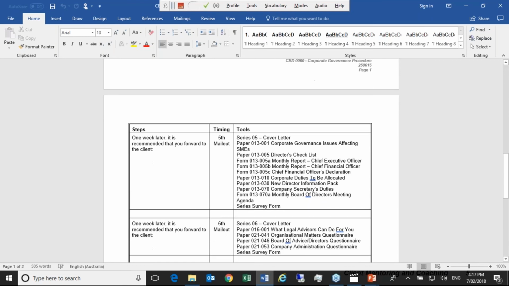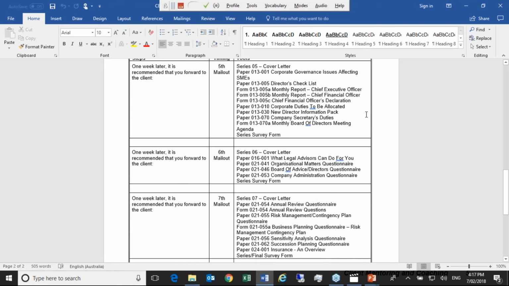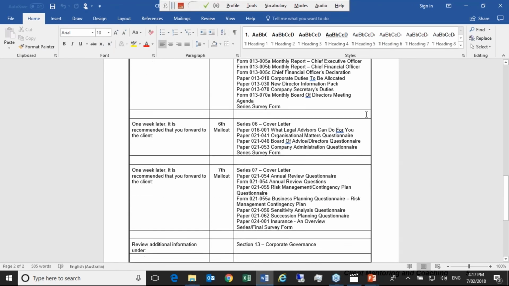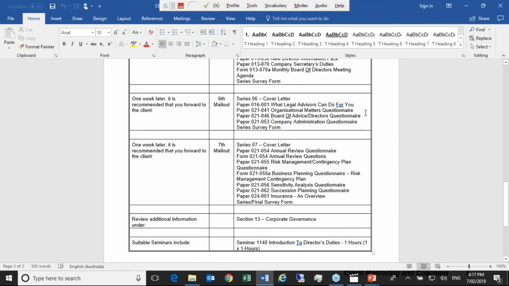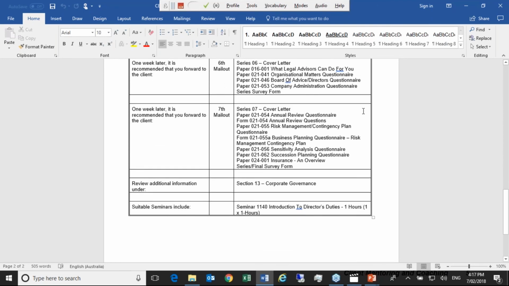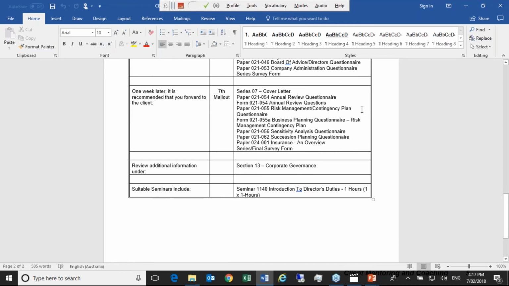We then move into corporate governance issues, a director's checklist, a suggested format of a report from the CEO or general manager, and a new director information kit. And we look at what other people can do, legal advisors, board of advice, looking at an annual review, risk management.